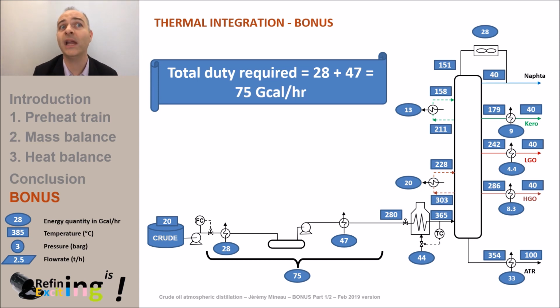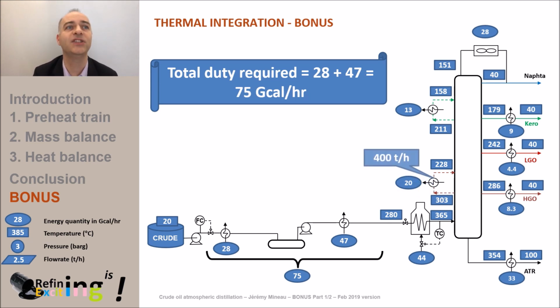Generally speaking, we cannot cool the atmospheric residue to a too low temperature, since this cut could solidify in the storage tank. This is why we consider here a storage temperature of 100 degrees C. This corresponds to a duty of 33 gigacalories per hour. As far as the pump arounds are concerned, their flow rates were arbitrarily set at 400 tons per hour.